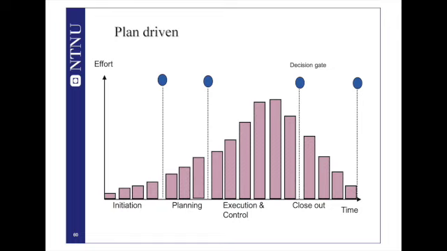At the end of the planning phase, you usually have 3 decisions: stop, abandon the project, or continue the project, or redo some of the work. These decision gates, as I said, are a top management problem, and the work here is what project managers are concerned with. So this is the plan-driven approach.